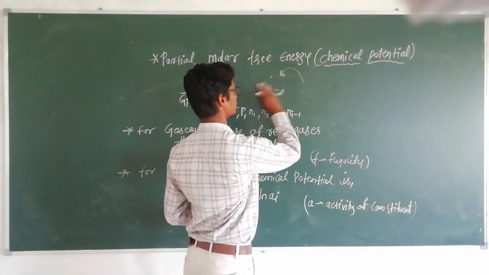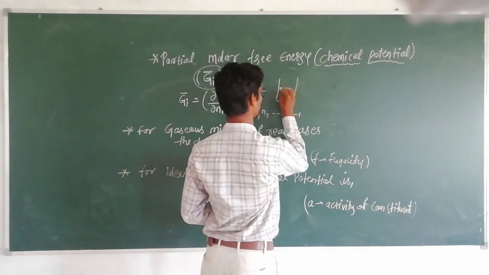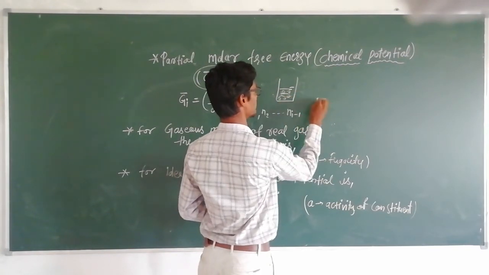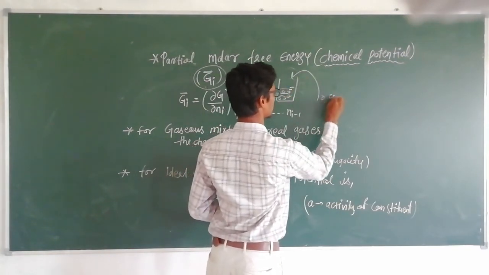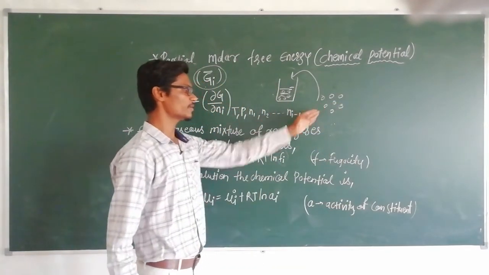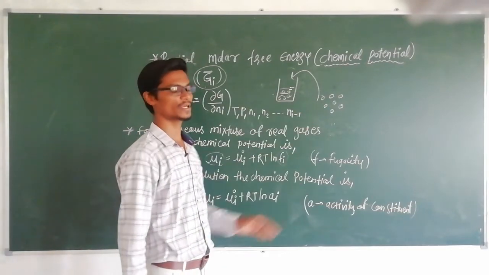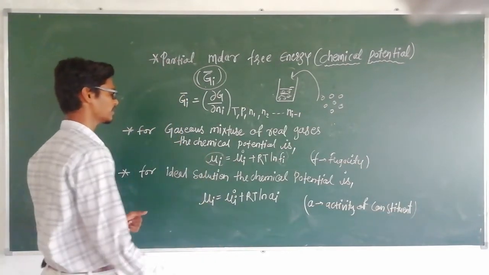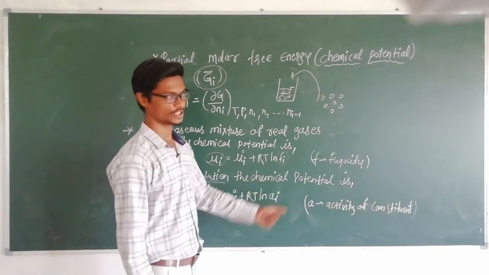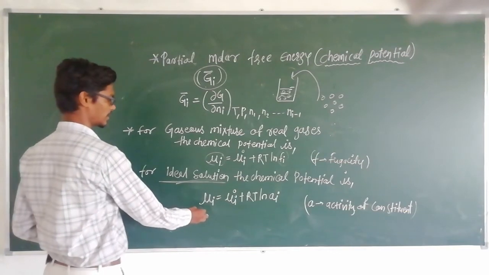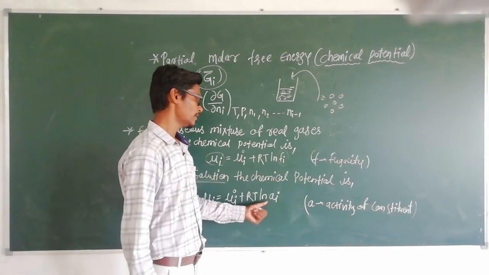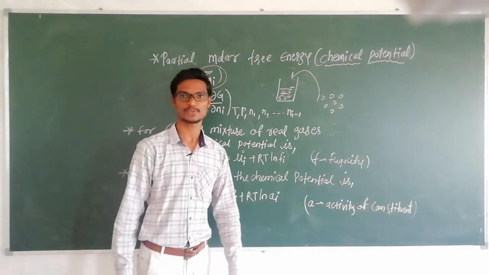If we add a certain amount of particles or moles to the solution in this beaker, the activity of the constituent changes, and it appears in this equation for the chemical potential of an ideal solution, mu i is equal to mu i0 plus RT ln ai, where a is the activity of the constituent particle.